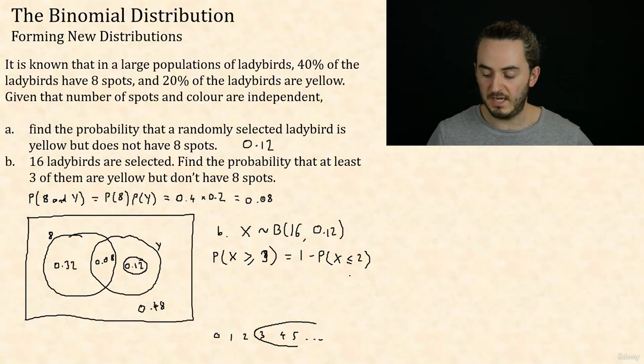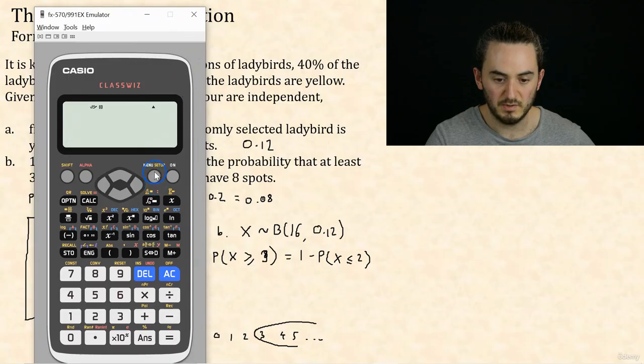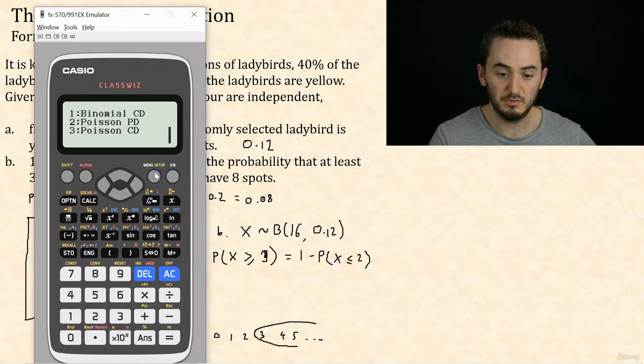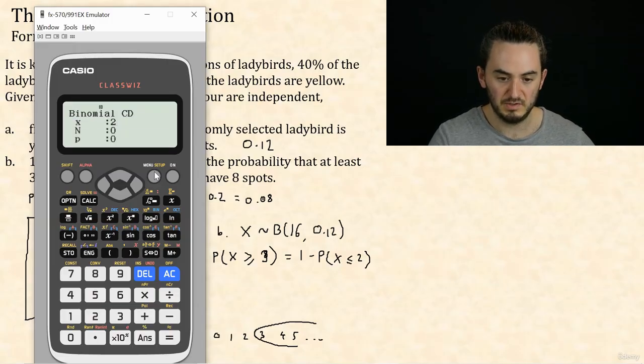Okay, now this is a good stage to go to the calculator. So let's pull up the calculator here. And I go to my distribution, so menu, distribution, it's binomial cumulative, variable, and it's less than or equal to 2, so I put in 2. N is the number of trials, which is 16.